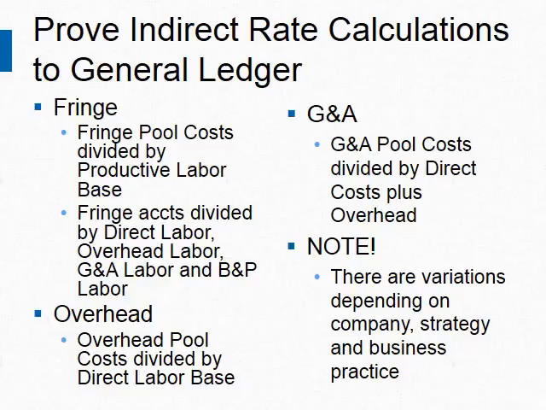The second component is leave. Most companies have 80 hours worth of holiday and 120 hours worth of vacation and sick, or paid time off, or annual leave, whatever you want to call it. So 200 hours worth of leave divided by 2,080 hours in a year, 52 weeks a year times 40. That's about 10%.